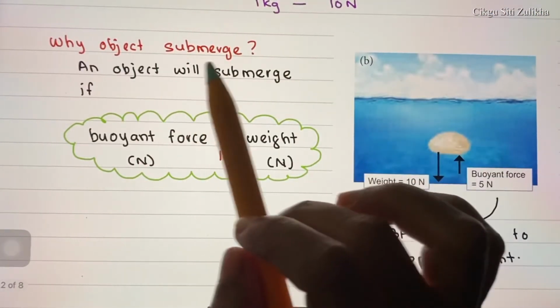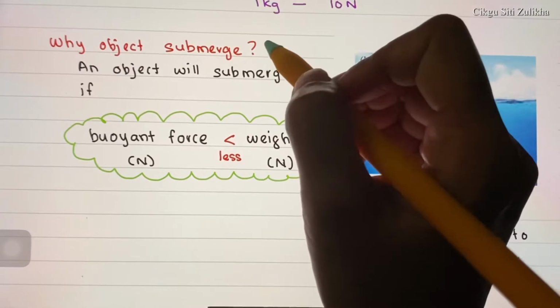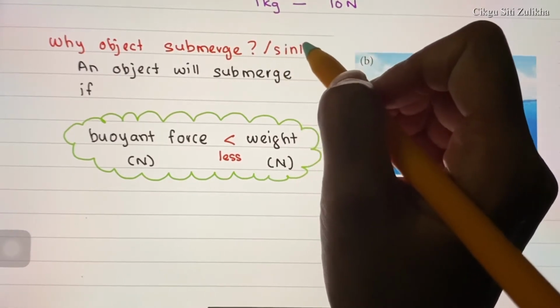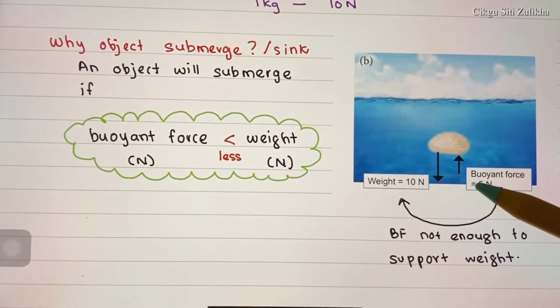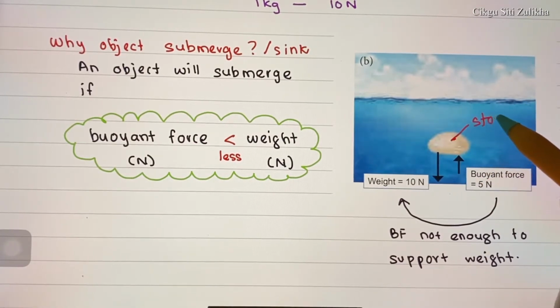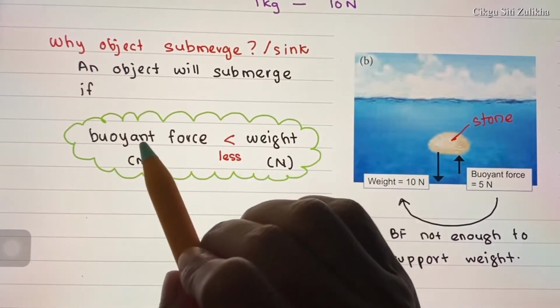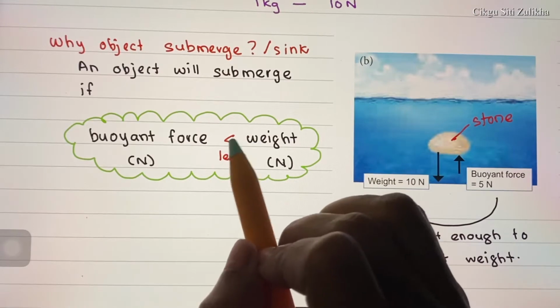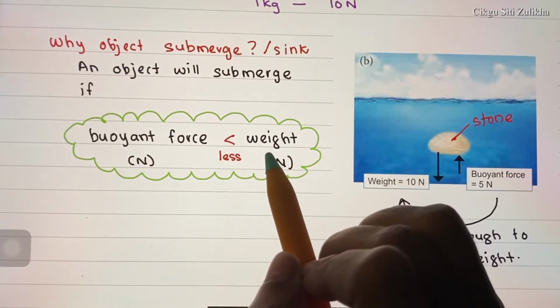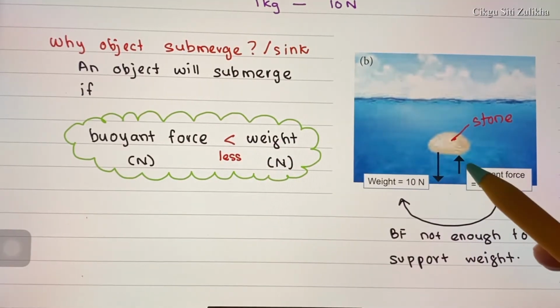Now, kita tengok pula the second situation. Why an object submerge? Ataupun senang cakap objek sink lah, kenapa dia boleh tenggelam. So here kita ambil case dekat sini, batu, stone. Kenapa stone ni boleh tenggelam? An object will submerge if buoyant force less than the weight. Buoyant force tak cukup. Buoyant force kurang daripada weight.